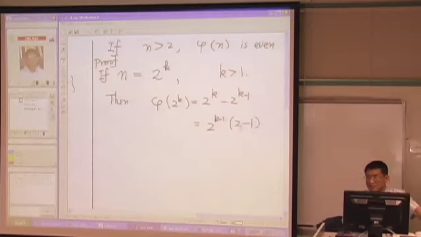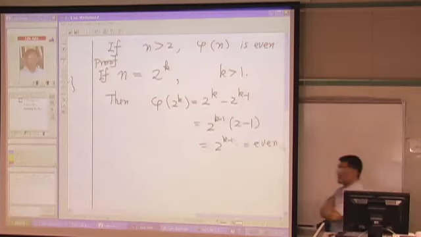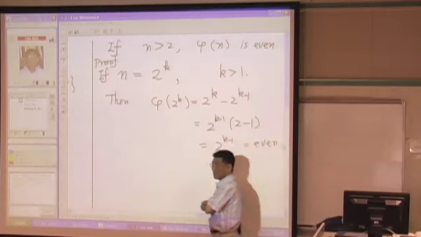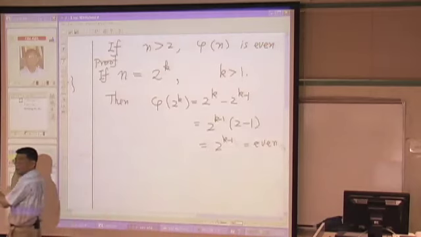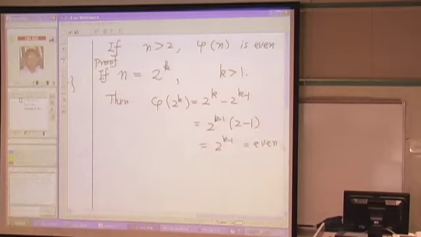Then the remaining thing is 2 minus 1, so 2 to the power of k minus 1. And then, because of this condition, this is even. So I proved it. So if, for instance, we have 4, 8, 16, 32, 64, and so on, then because of this fact, it's even. If you don't agree with me, ask me.